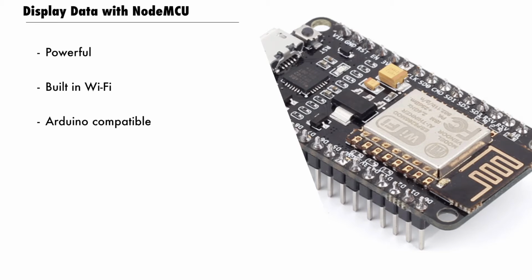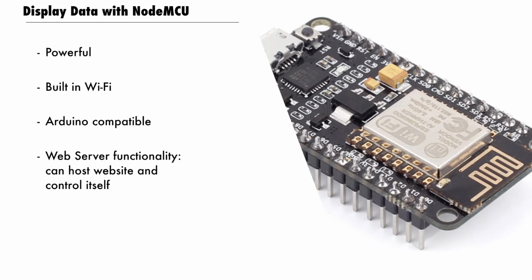So this prototyping board is cheap enough to build it into a light bulb or an electronic switch, and at the same time as handling all the switching and reading the sensors, it can host a website. With the Wi-Fi chip on board, when you power it, connect it to a battery, for example, it connects to your home Wi-Fi and it gets an IP address. And when you connect to that IP address from your mobile device or tablet or laptop, it can serve a website.